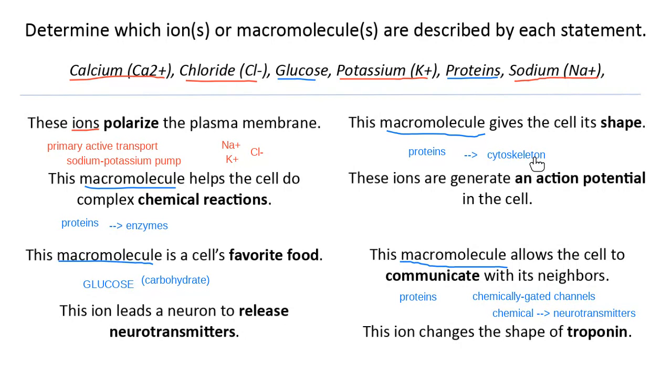So check this out. When we're thinking about what proteins do in a cell, they act like enzymes, which makes chemical reactions happen. They give a cell its shape when they form the cytoskeleton. They help cells to communicate with each other.